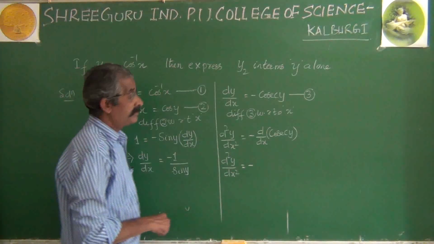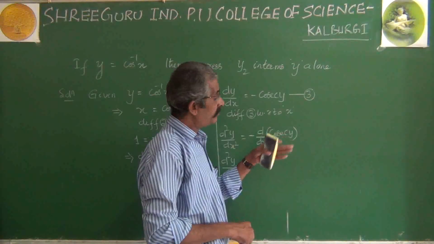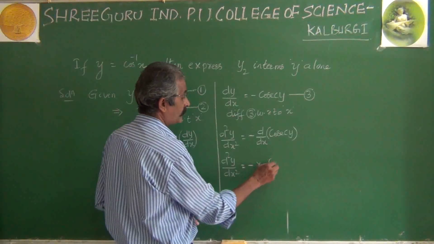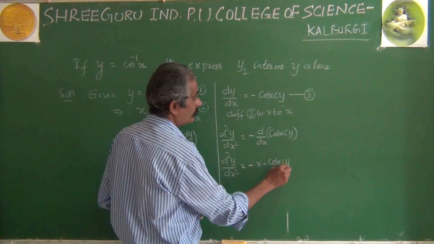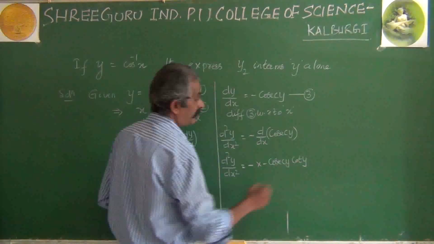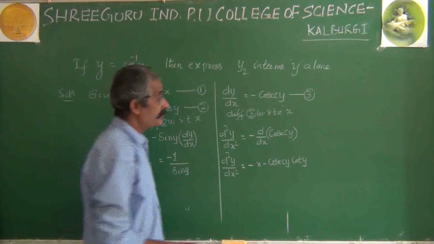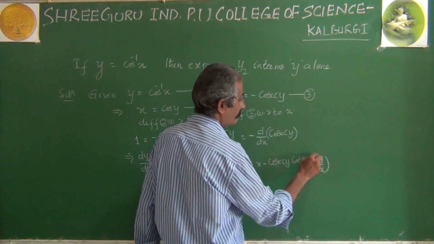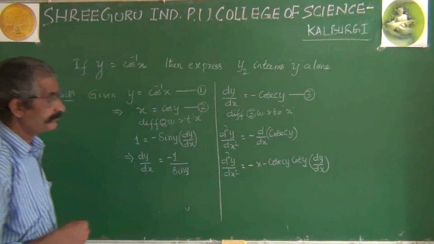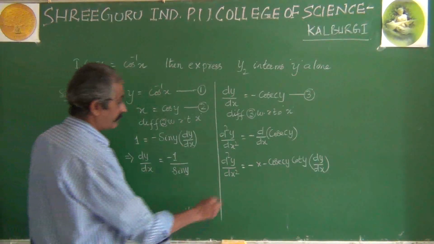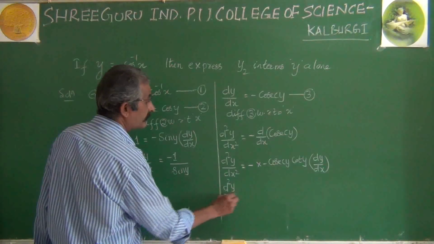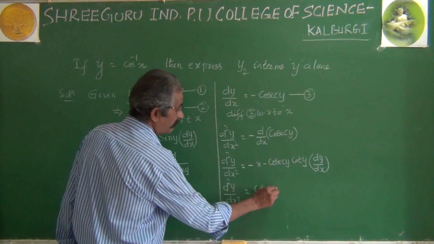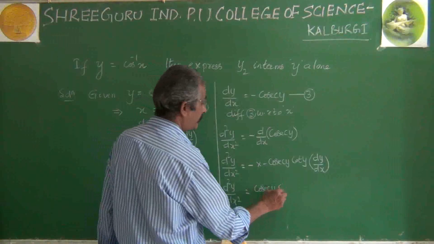By the standard formula list, we know that the differentiation of cosec x is minus cosec x cot x. Similarly here, minus cosec y cot y into dy by dx. Further, d2y by dx2 equals cosec y cot y, the minus and minus become plus, into dy by dx.